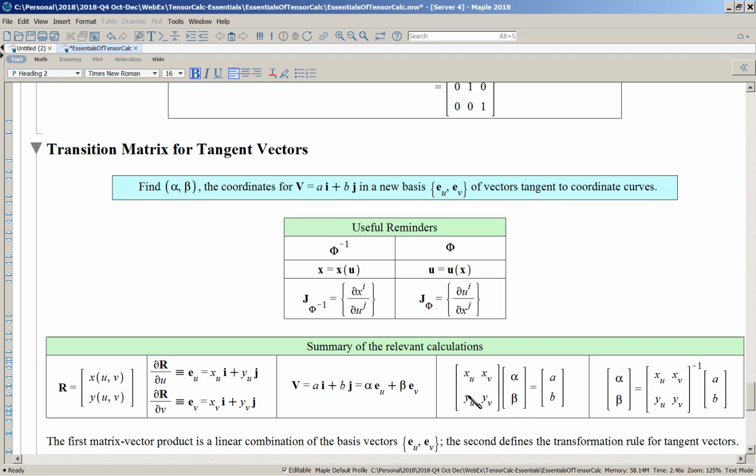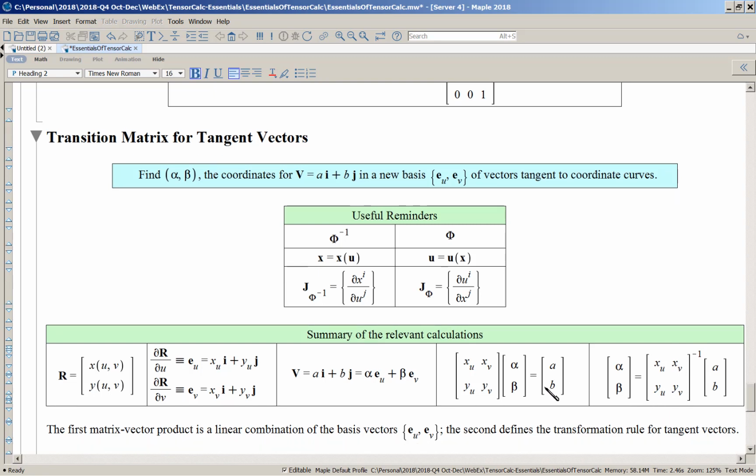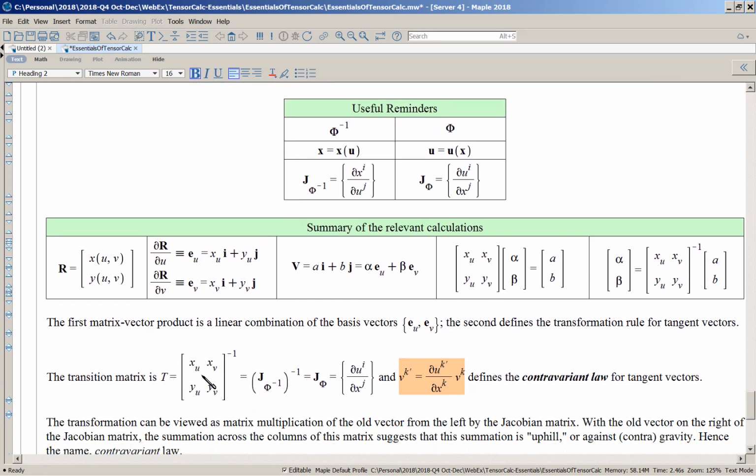So let's just invert this matrix, bring it over here as inverse, and you have a recipe, a formula. There's a transition matrix here. You have these coordinates now. You make a change of coordinates, and you want to know the new coordinate values. There's your transition matrix. Do you recognize that this matrix is really the Jacobian matrix for the inverse transformation?